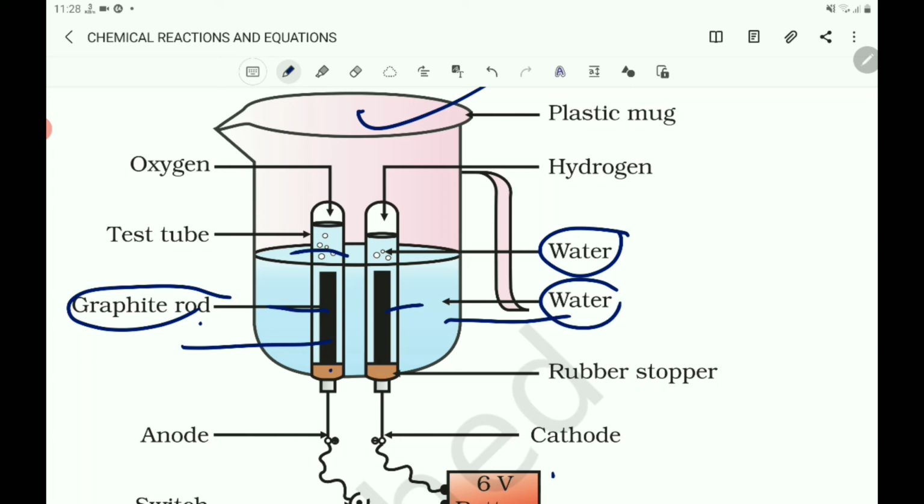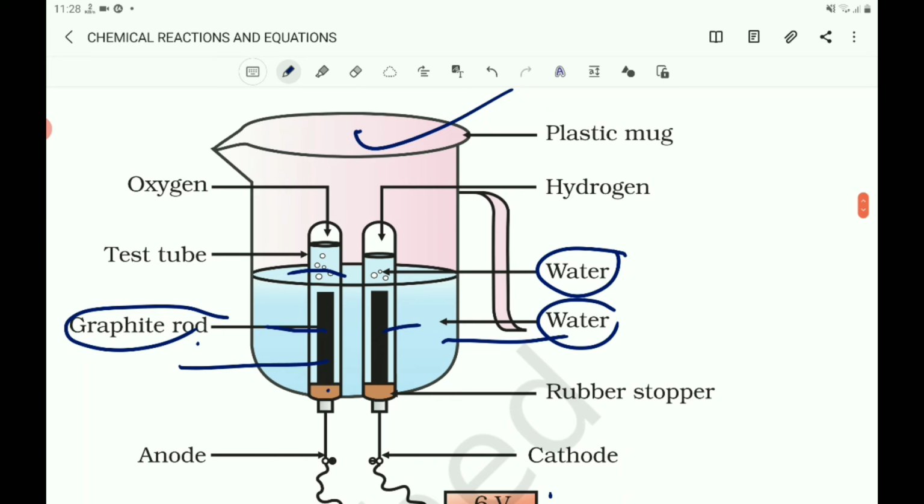The electrodes must be immersed in the water. Here we have to fill the water in such a way that the electrodes are immersed, and also add a few drops of dilute sulfuric acid to the water.